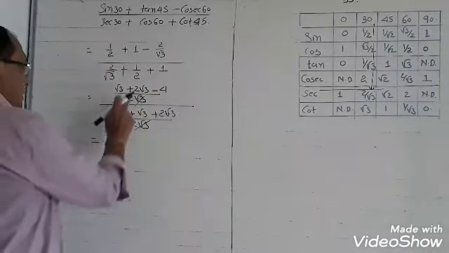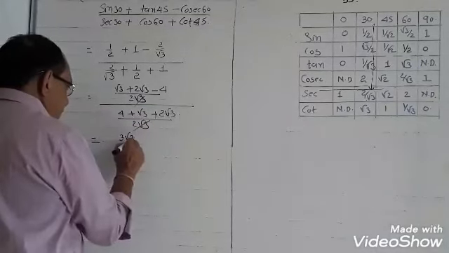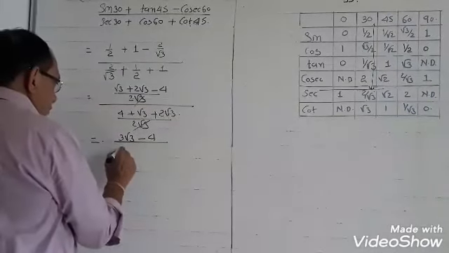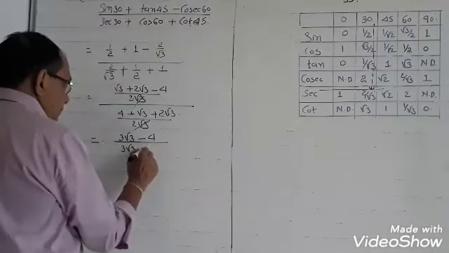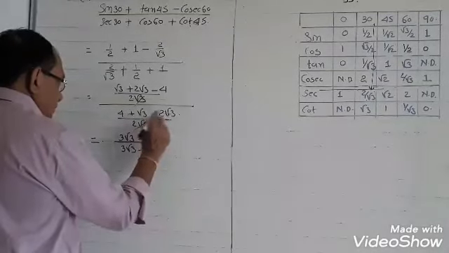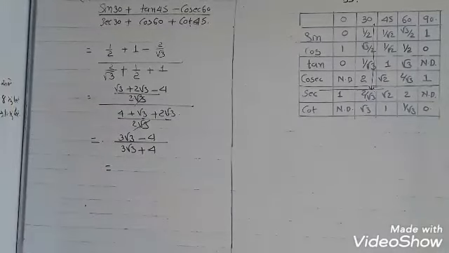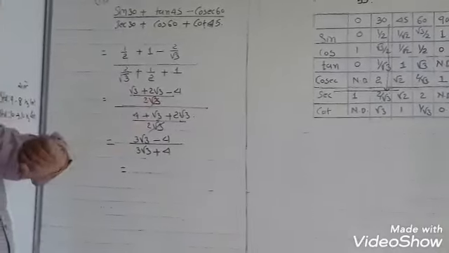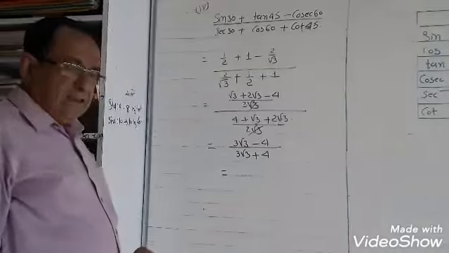That is 3 root 3 minus 4 upon 3 root 3 plus 4. Get it? Root 3 plus 2 root 3 is your like term. Okay, so it will be like this.